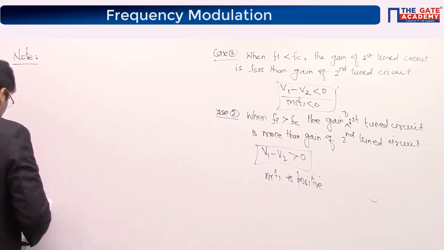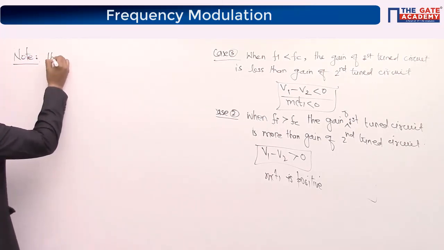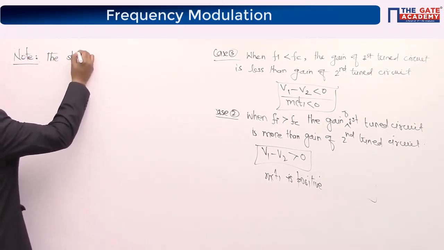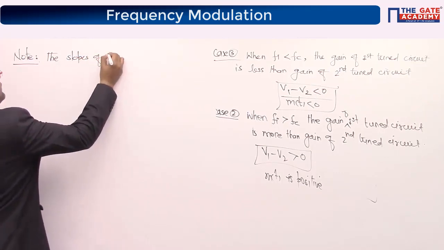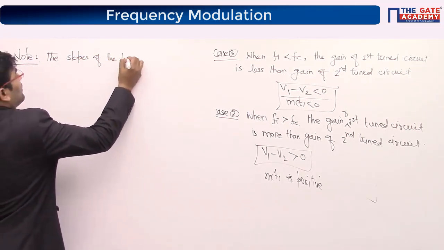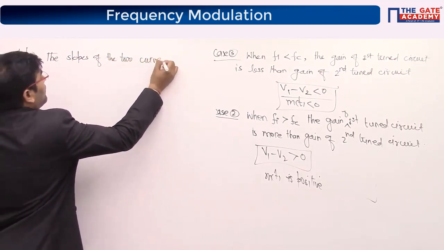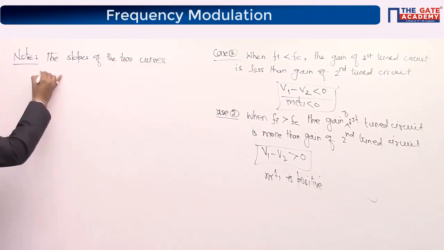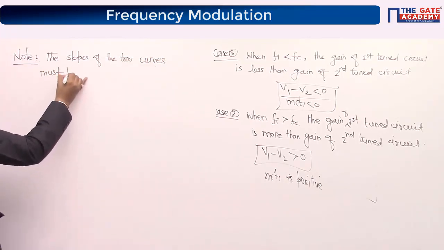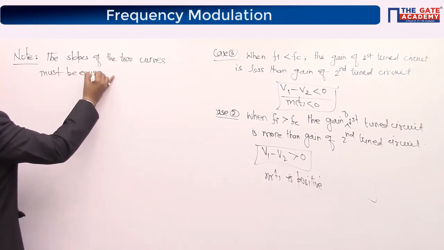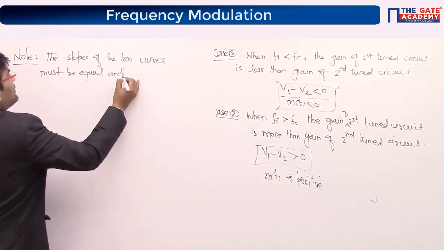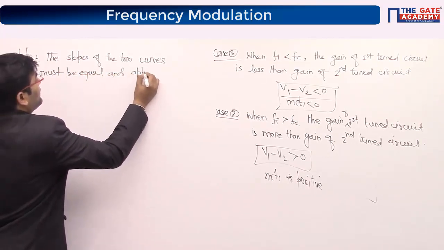Right? The slopes of the two curves must be equal and opposite. I'm talking about the gain characteristics. Must be equal and opposite.